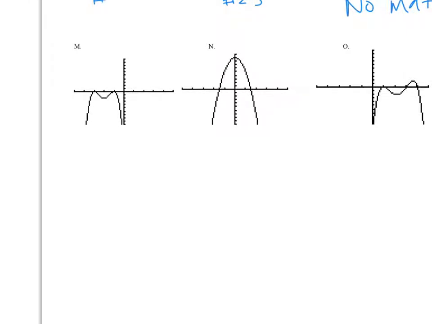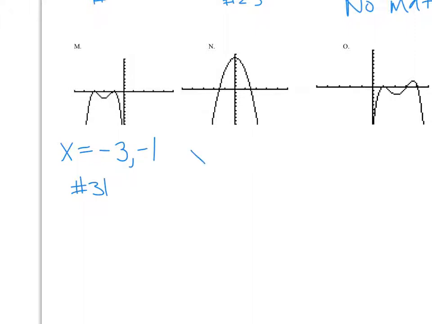All right, M has x-intercepts at -3 and -1. It's going down on both sides, so that's going to match up with an even degree, and M is number 31.